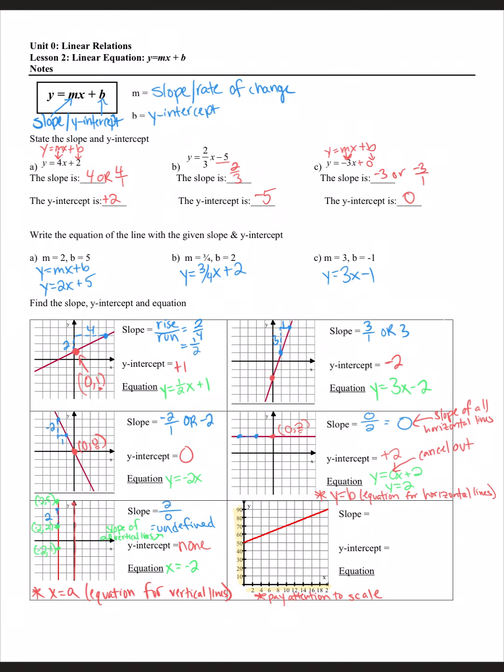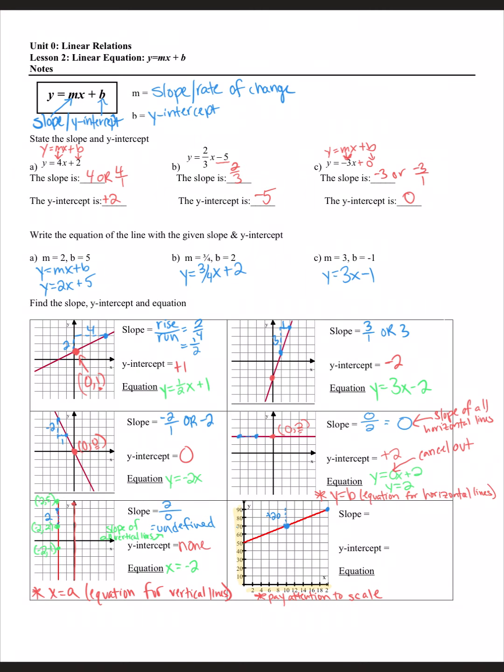So let's start with our slope. Let's pick a point. This one looks like it crosses right there. And then I'm going to pick this last point. It looks like it crosses the grid line there. So I'm starting at 70, and then I'm going to rise up to 90. So that's actually a rise of 20.